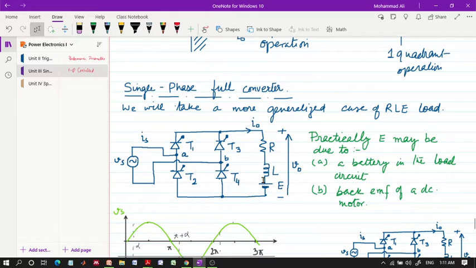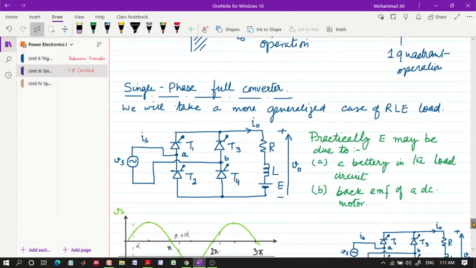So this E basically can be due to a battery that is connected in the system, or second thing it can be this whole thing represents a motor, DC motor. There is a back EMF which opposes the supply basically. So we are concerned with the output voltage that is across the whole load.